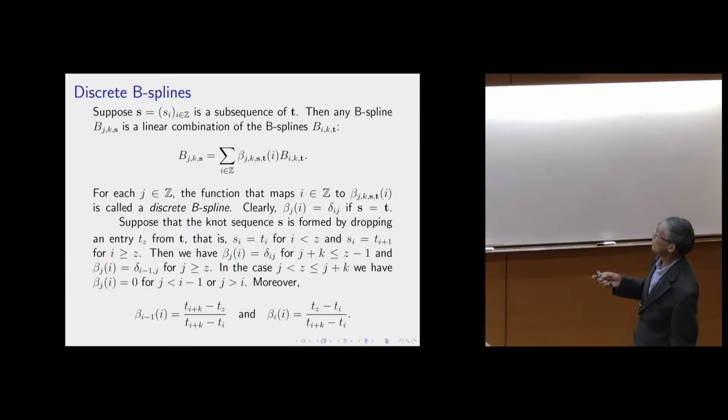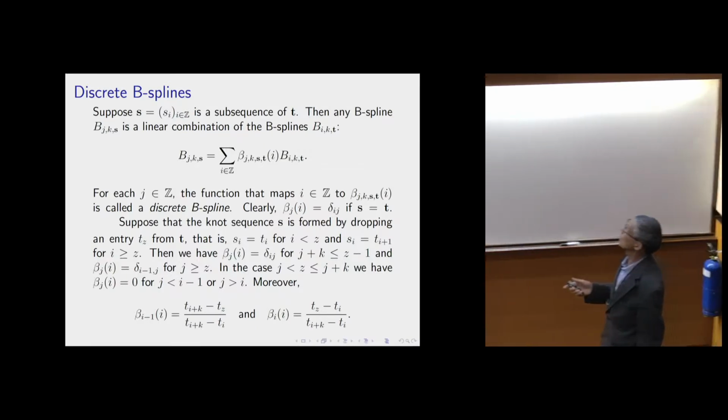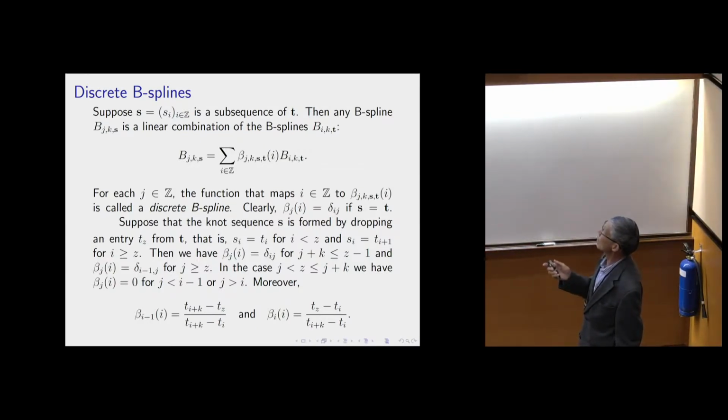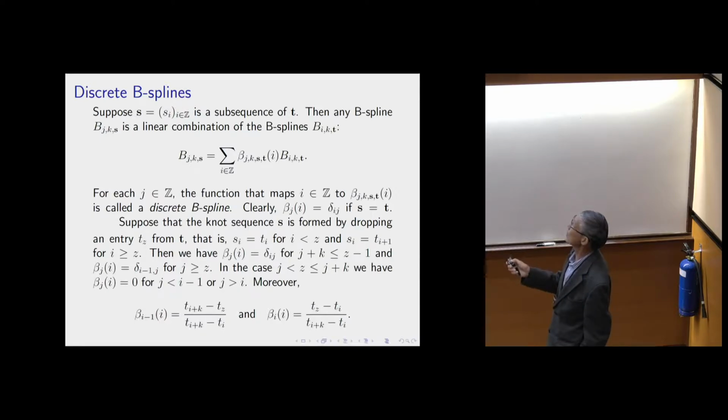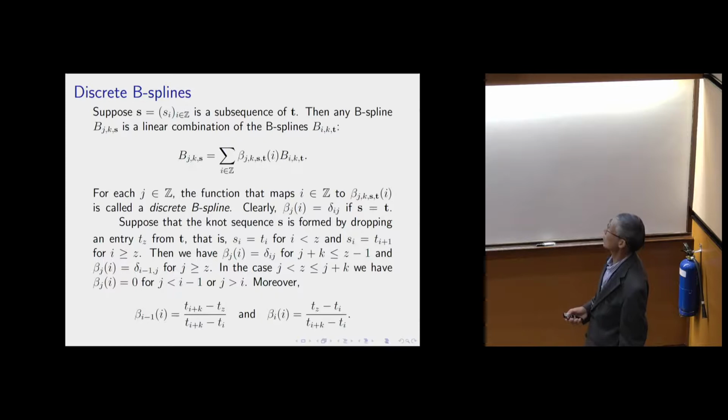S is a subsequence of T, meaning we insert some new nodes into S, and we get T. Then the B-spline with respect to the node sequence S is a linear combination of B_{i,k,T}. This sequence of coefficients is defined as discrete B-splines.